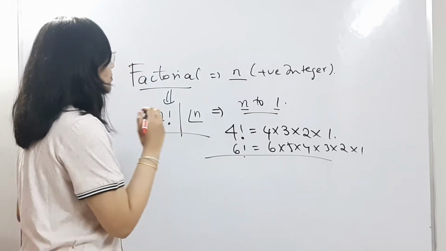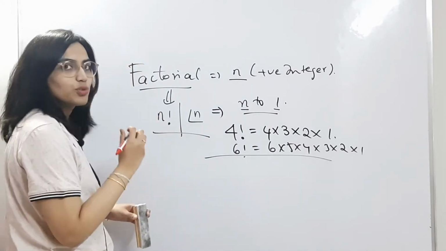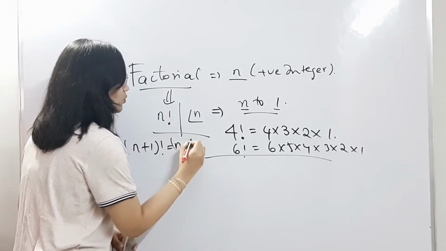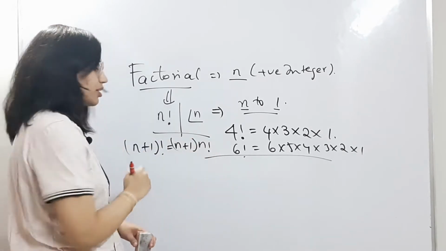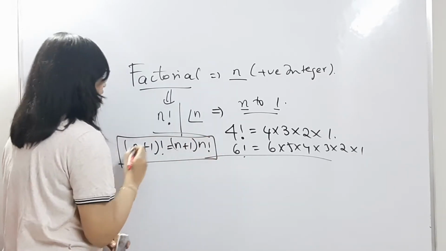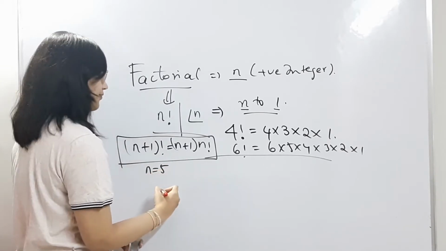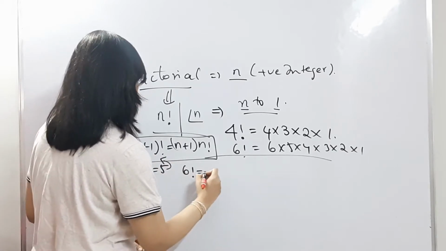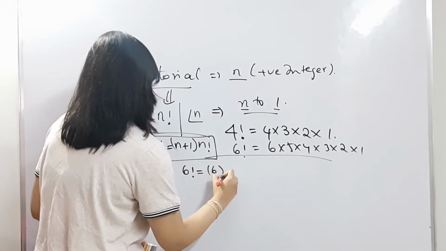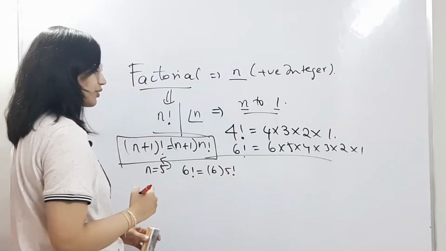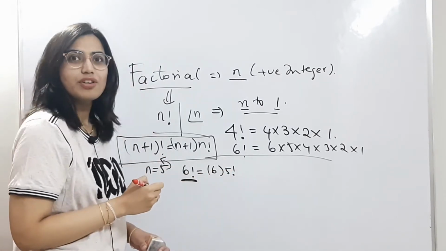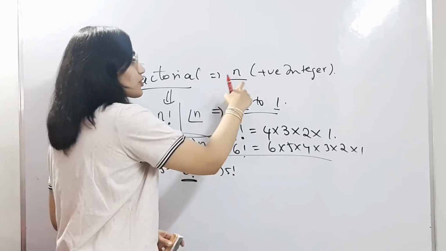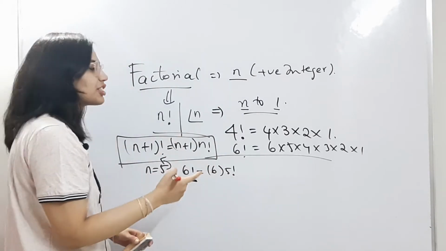There is an important property concerning factorials that you need to know. That is, n plus 1 factorial is n plus 1 into n factorial. Suppose, for example, n is 5. Here 5 plus 1 is 6 factorial. Substituting 5 in this equation, we get 6 into 5 factorial. As per the definition, factorial of any positive integer n can be written as a product of integers from n to 1.